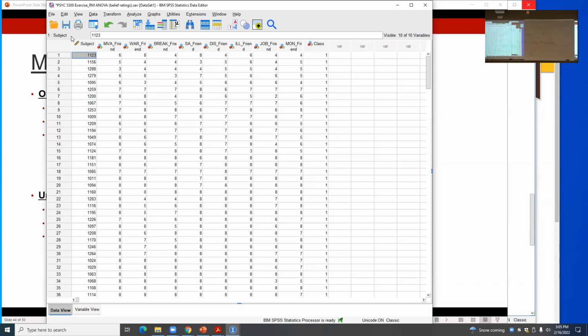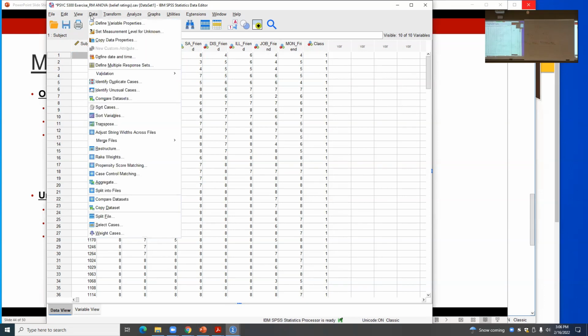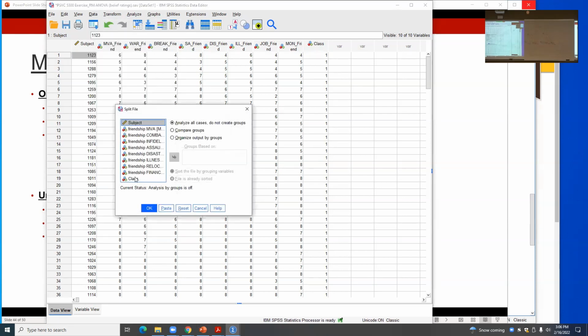Okay. So what we're going to do then is go to Data, Split File. I'm going to ask to organize groups by class, or compare groups.